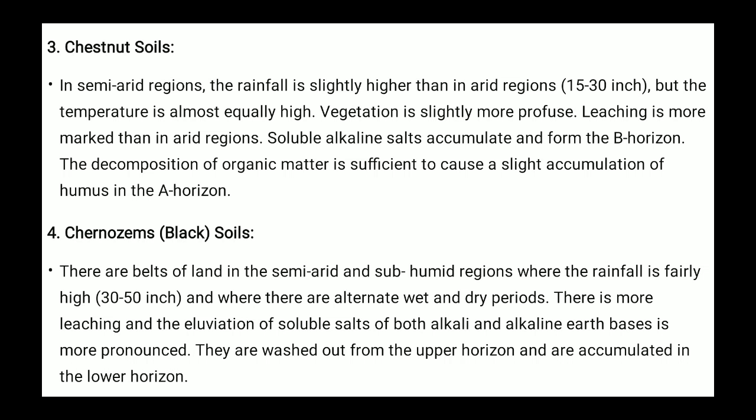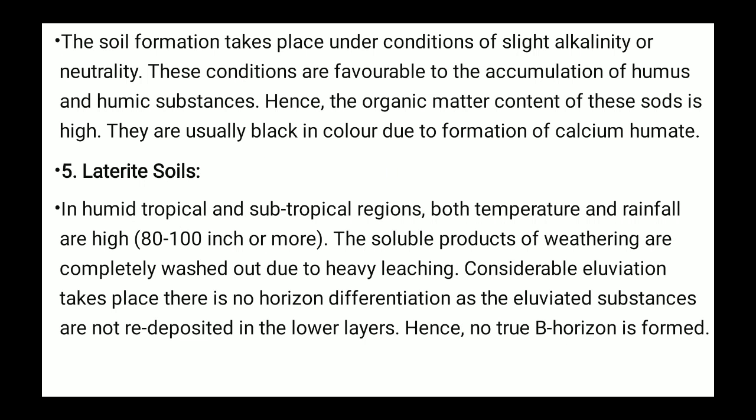This black soil is mostly associated with our Maharashtra. It's made from basalt. The rainfall is fairly high, 30 to 50 inch, with alternate wet and dry periods, also seen in the Western Ghats.